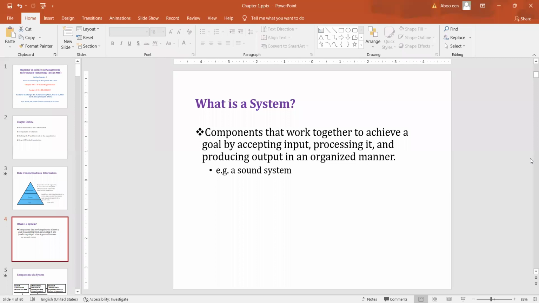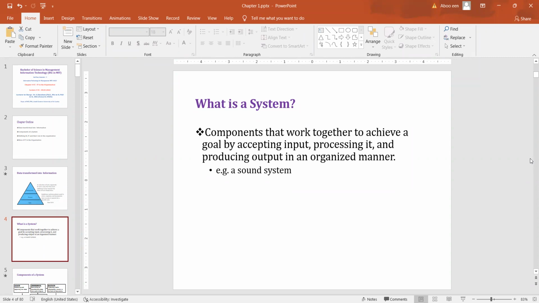System consists of related components that work together to achieve a goal by accepting input, processing it, and producing output in an organized manner. So the order is input, processing, and output.